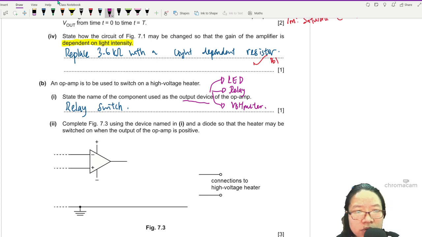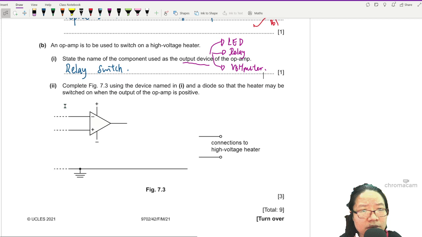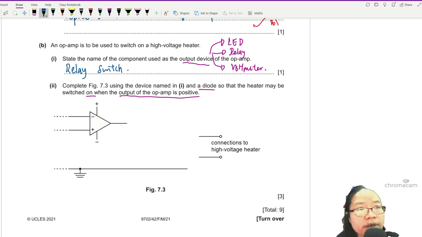Alright, so here, using the devices and a diode, so that the heater may be switched on, you want it to turn on when the output of the op-amp is positive. So if the output is positive, and I connect this way, let's say I didn't connect anything.